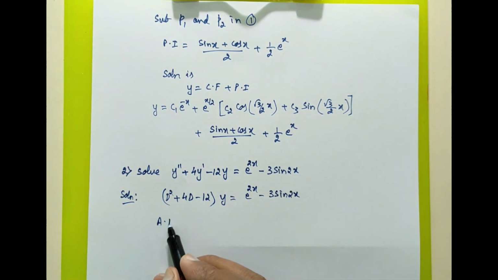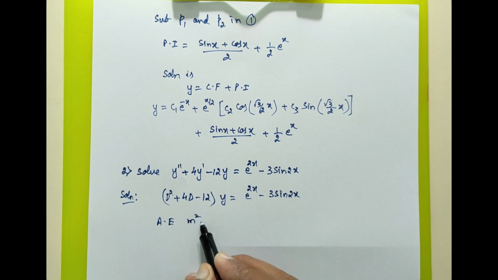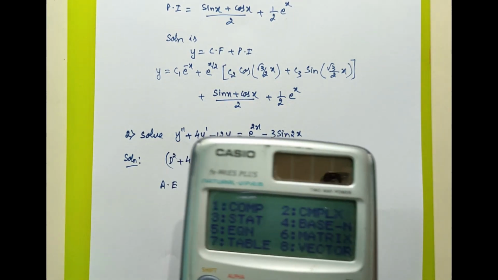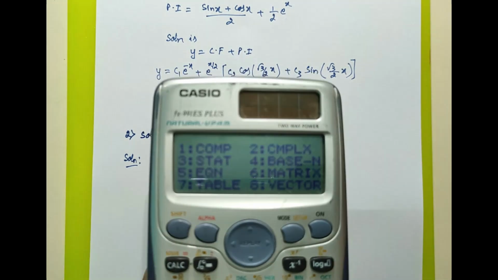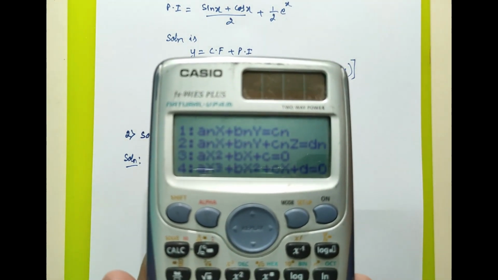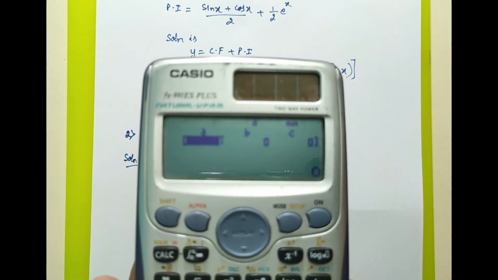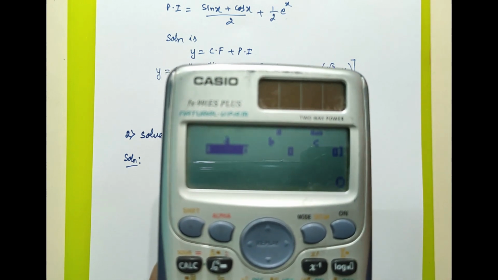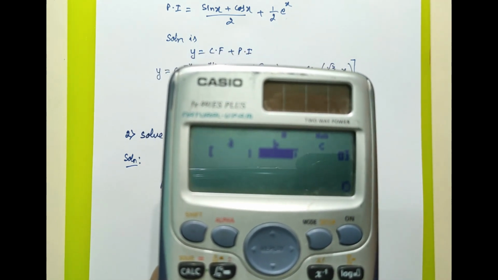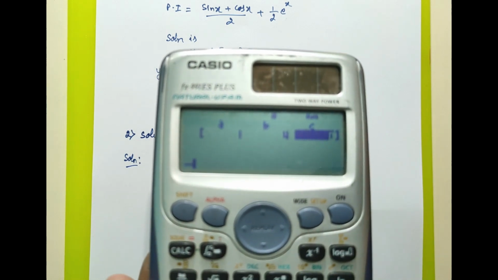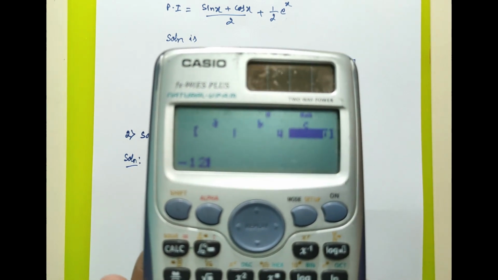So the auxiliary equation in this case will be m² + 4m - 12 = 0. Let us use the calculator here. Choose the equations, go for the second order equation. Coefficient of m² is 1, the coefficient of m is 4, and the constant term is -12.